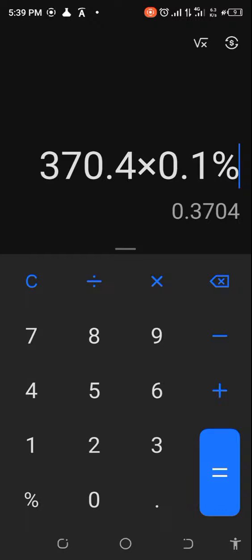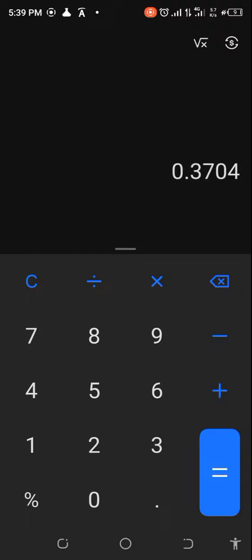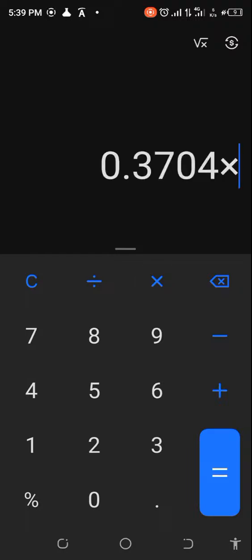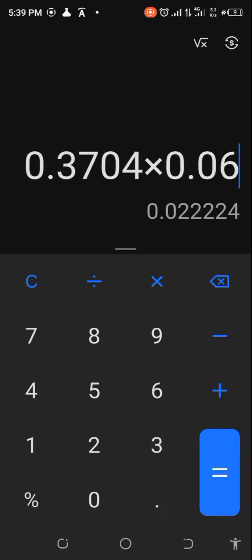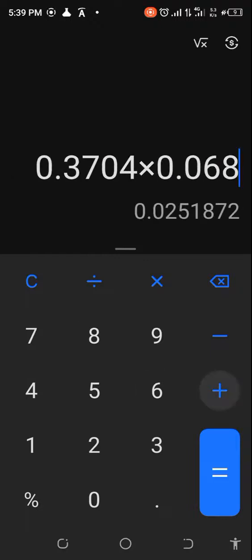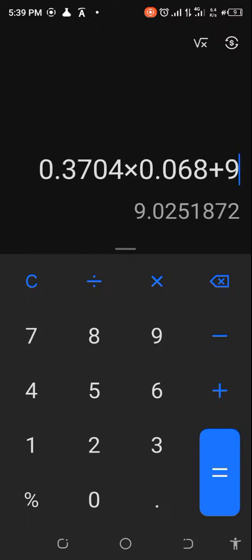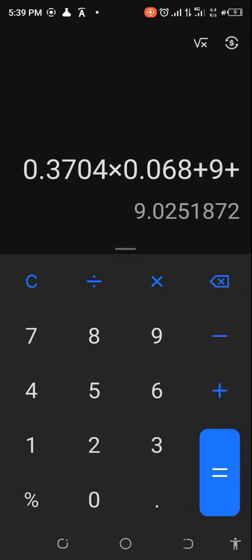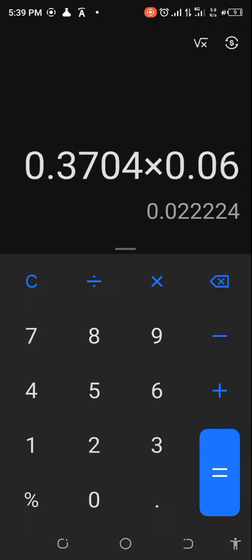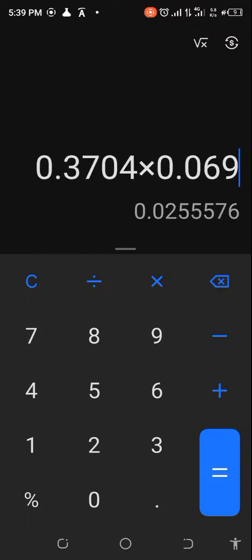For us to know what it is in dollar terms, we'll multiply it by the price of one TRX, which is 0.069. So that's for us to get an idea. You can see it's actually like 2.5 cents.